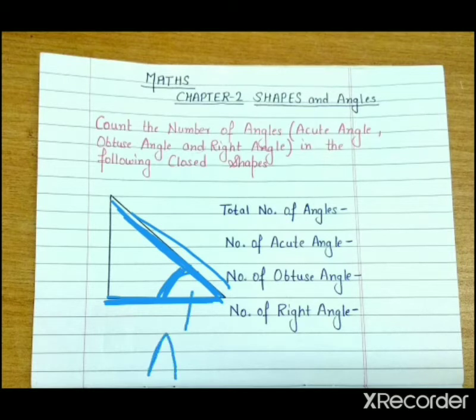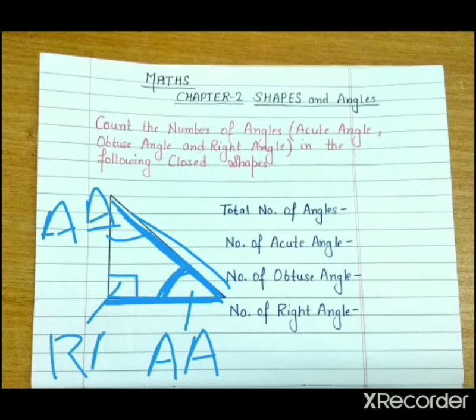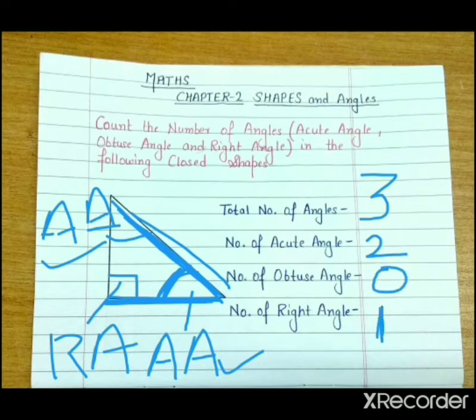So this is also an acute angle, and this is a right angle. Okay students, so the total number of angles is 3, the number of acute angles is 2, the number of obtuse angles is 0, and the number of right angles is 1.